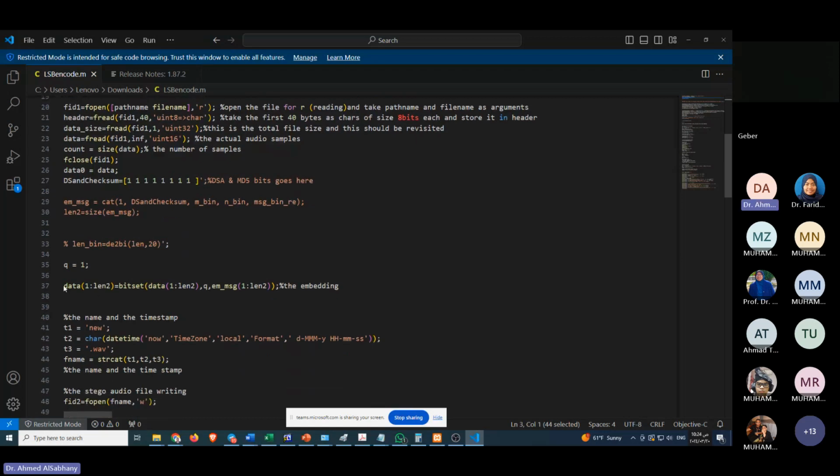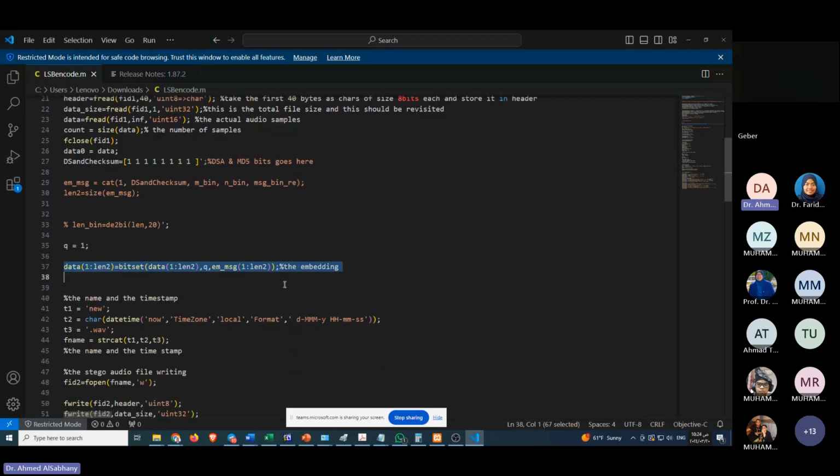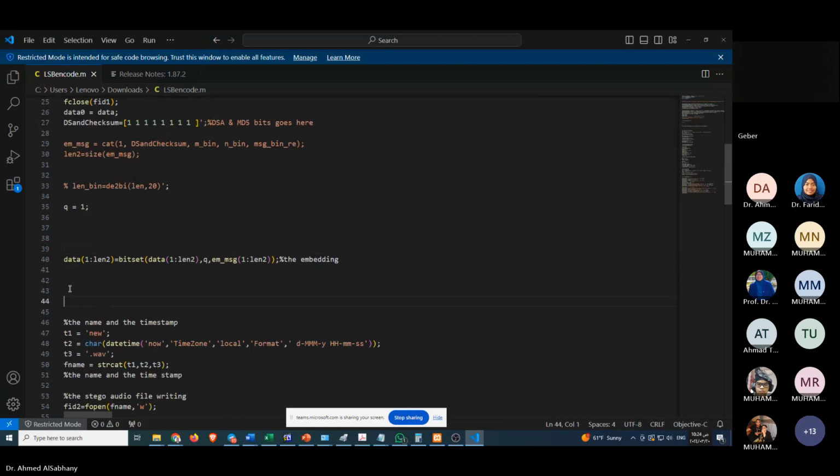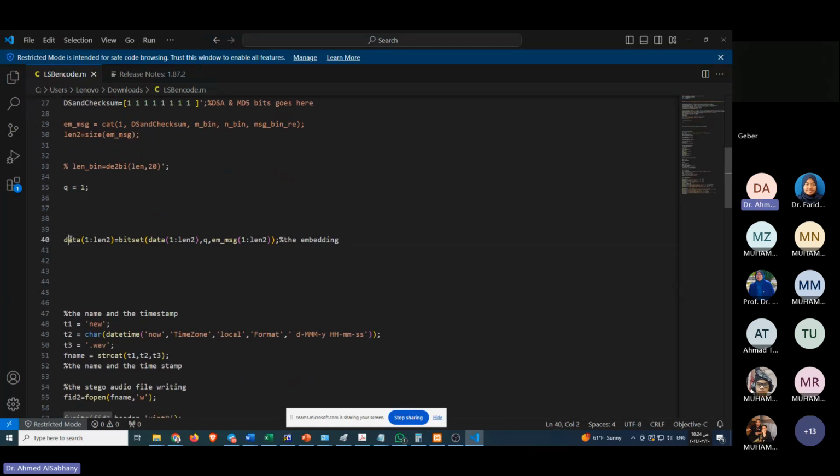Okay, so this line over here is the embedding. The embedding of the least significant bit is done using this one line only. Don't think it's very hard stuff. It's just the data from 1 until the length of the message. We are doing the bit set function, data of 1 until len2.